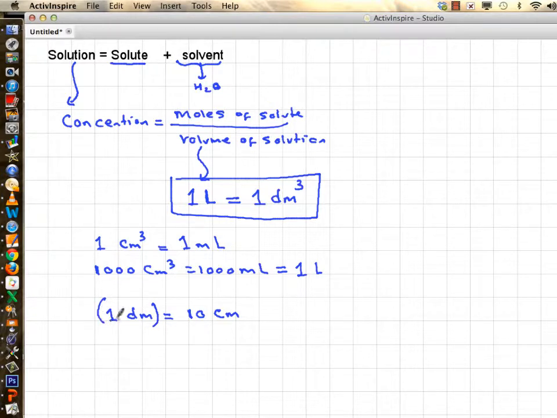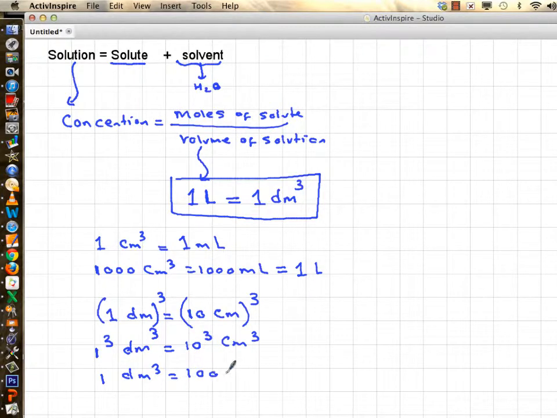So if I cube this side, left hand side versus right hand side cubed, 1 cubed, simply let's just write it as 1 cubed dm cubed, decimeter cubed. 10 to power 3, let's just write it as that, centimeter cubed. Now 1 times 1 times 1 is 1. dm cube stays as is. 10 times 10 times 10 is 1000 centimeter cube.